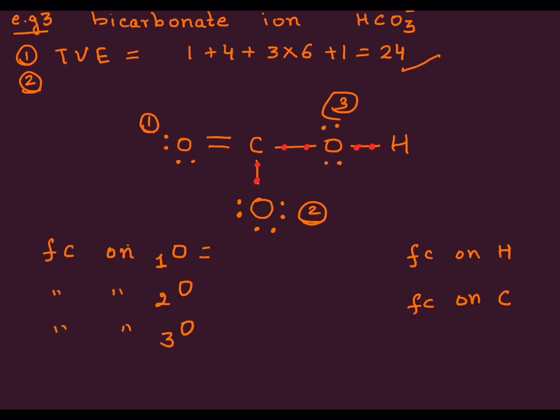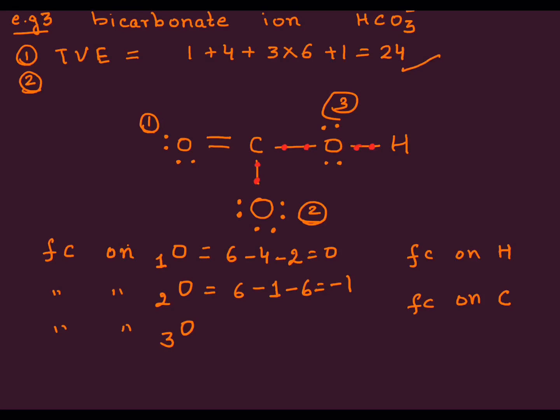So on oxygen, what's the charge? 6 valence electrons, 4 electrons in the lone pair, minus 2. So we get a 0. Formal charge on oxygen number 2: we again have the same, but there is only one bond that it is forming, minus 1, so 6 minus 4 minus 1... what do we get over here?